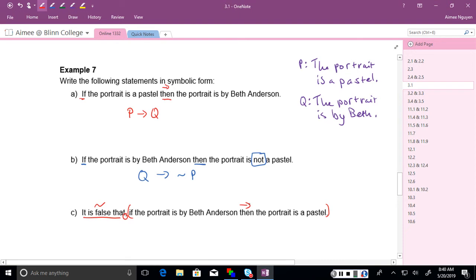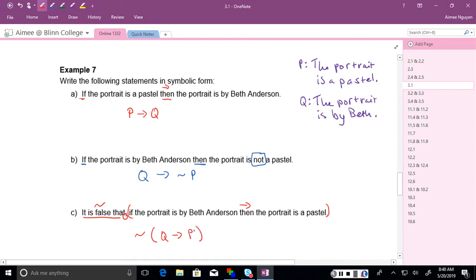Nothing is negated, but we've got Beth first and then pastel second, and we have the negation of the entire statement on the outside. So we're going to write it exactly like it looks. We'll put the tilde first, and then the parentheses, we're starting with Beth, which is Q, and we're going to the pastel, which is P, and then we will be done.